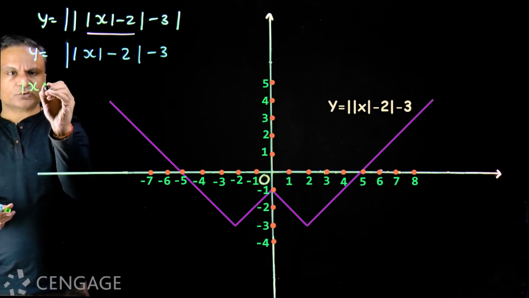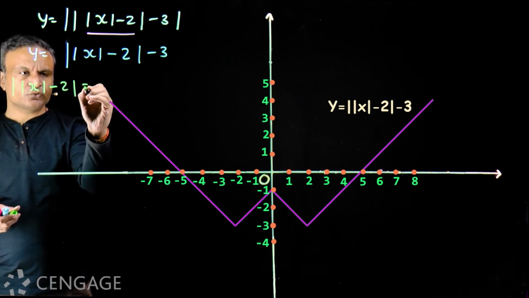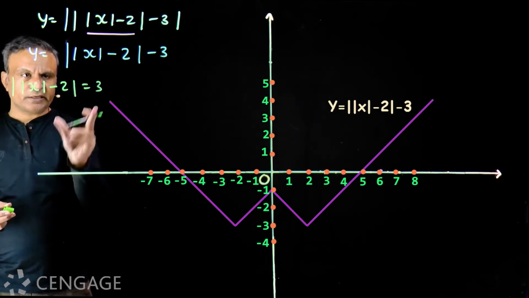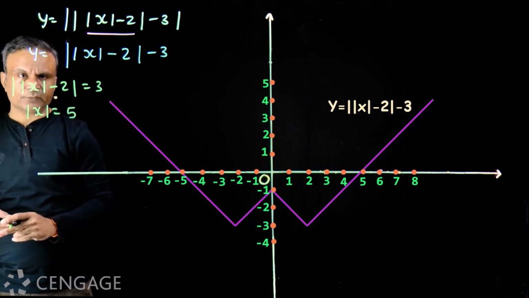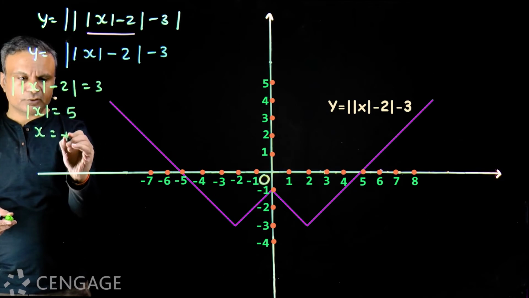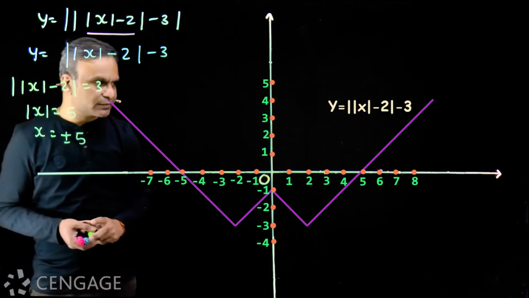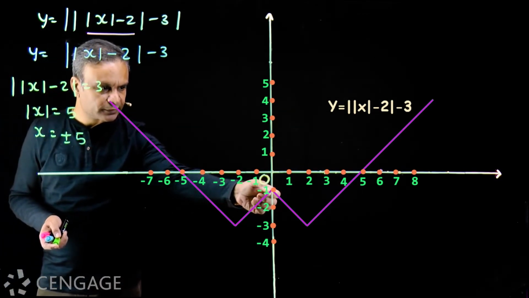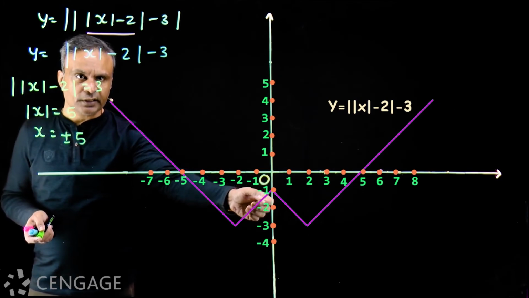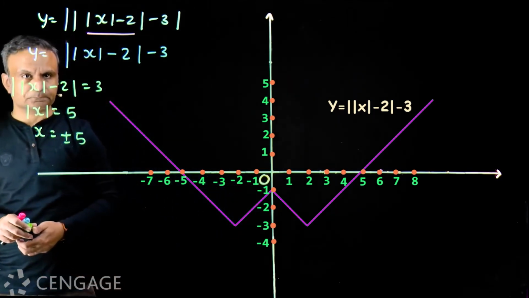We get modulus of x minus 2 is equal to 3, and from this we get modulus of x is equal to 5, so x is equal to plus minus 5. This tip of the graph is at minus 1, and the lower level of the graph is y is equal to minus 3.